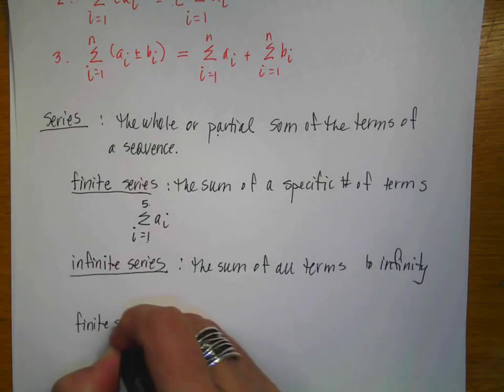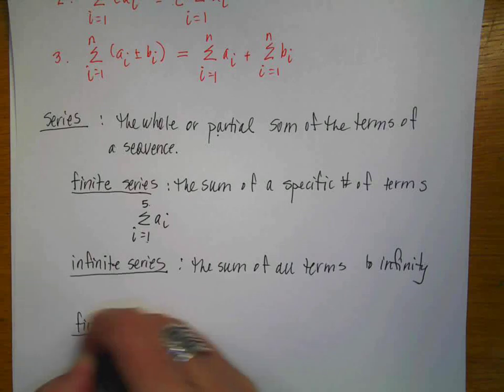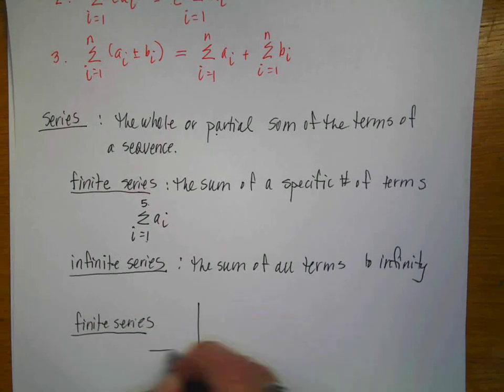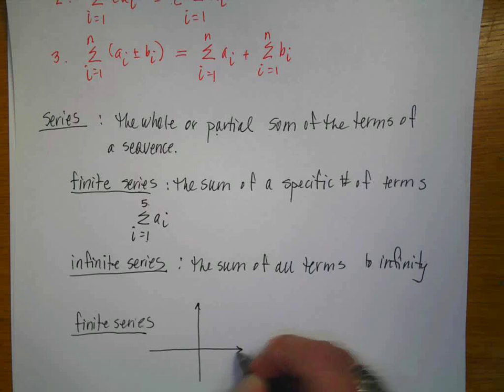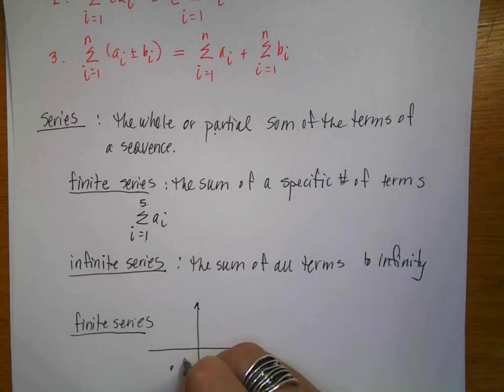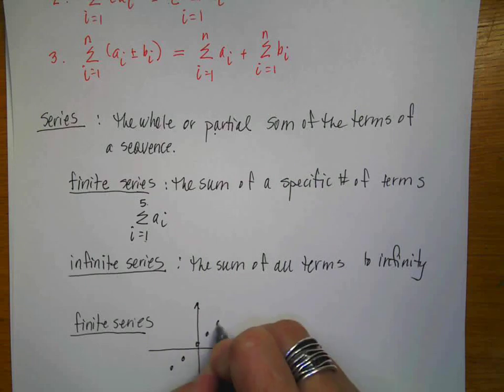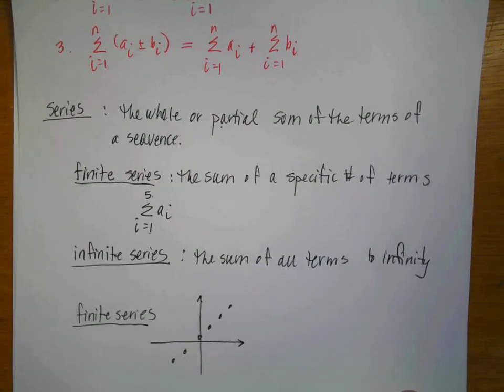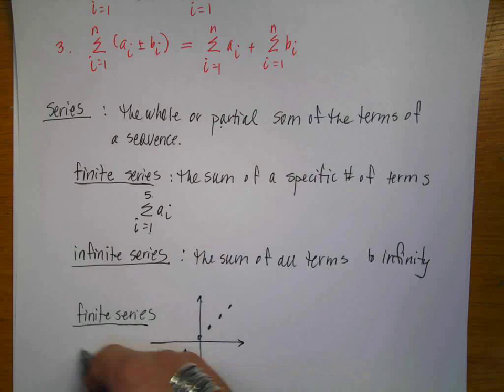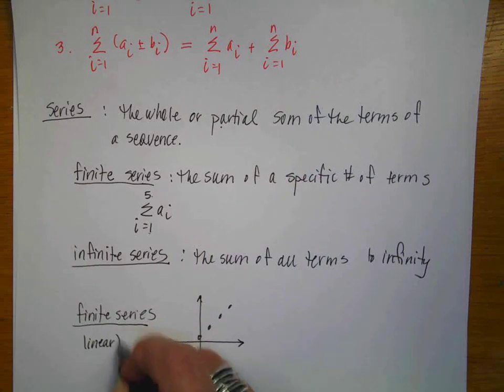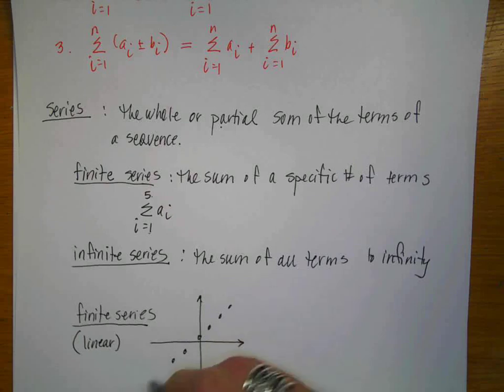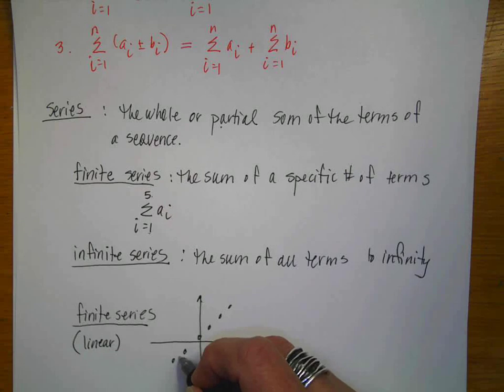So a finite series can be graphed. It's actually kind of interesting if you graph a series. So instead of being a connected series of dots, it is a collection of individual dots. So a finite series is going to look linear. Remember, in a series, it's not technically a line because the area in between the dots is not included.